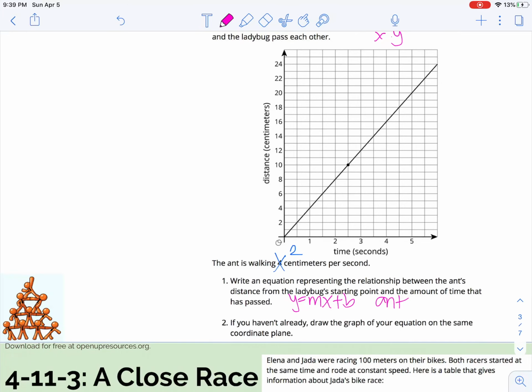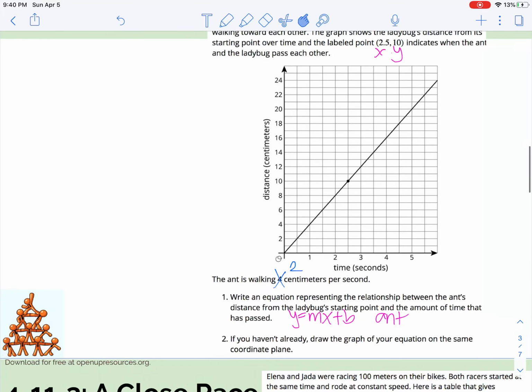If we were to write it for the ladybug, we could look at this graph and say that for 1 second, the ladybug travels 4 units, so the slope is 4/1, and it starts at 0 at the origin, so the ladybug's equation would just be y equals 4x plus 0, or y equals 4x.